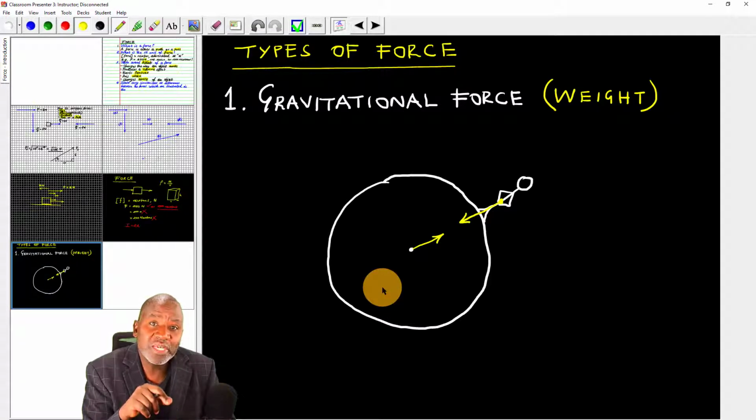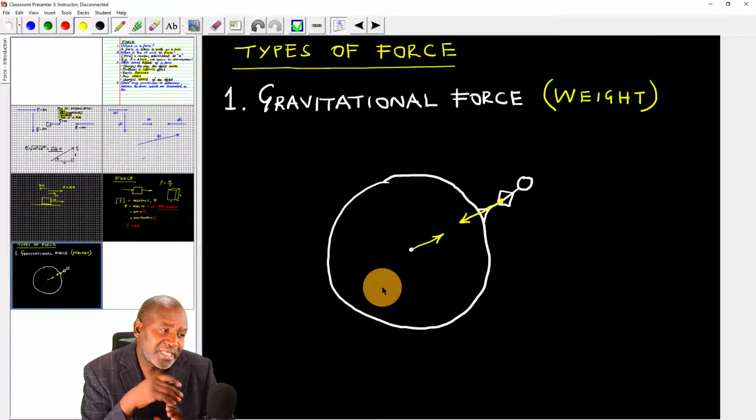Gravitational field strength is sometimes referred to as gravity. We say the gravity of the Earth and the gravity of the Moon are quite different. In fact, the exact term to use there is gravitational field strength of the Earth and the Moon. They are quite different. So desist from using the word gravity. Just refer to it by its correct name, gravitational force or weight.